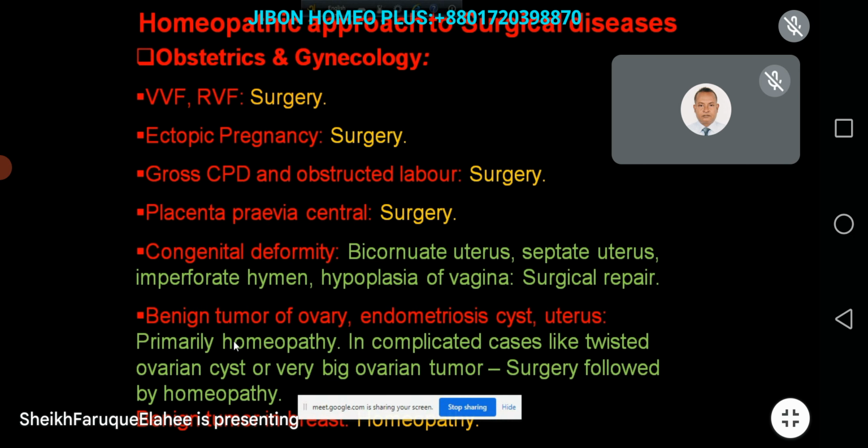And the patient will have much problem. She will have a very big abdomen, urinary complaints, and defecation complaints. So it is better if it is so big, you refer it to the gynecologist to remove this ovarian cyst. But if it is small or moderate size, this is our case, you can treat.